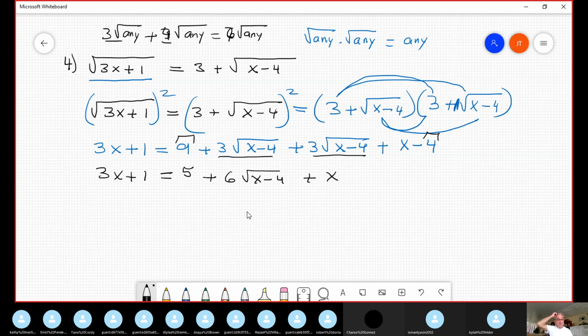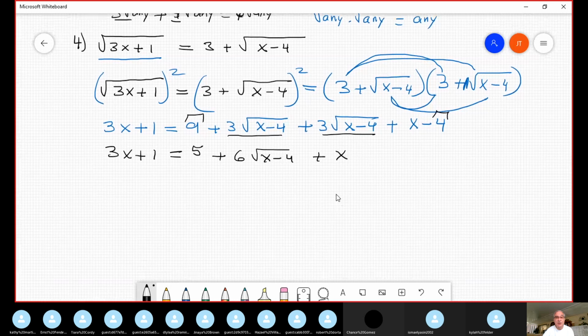But in this case, they say, okay, what should I do now? Well, okay, we have another radical equation. I need to isolate the second radical. The law is long, but it's the only way to do that. So I propose you isolate the second radical. So I move 5 to the left.